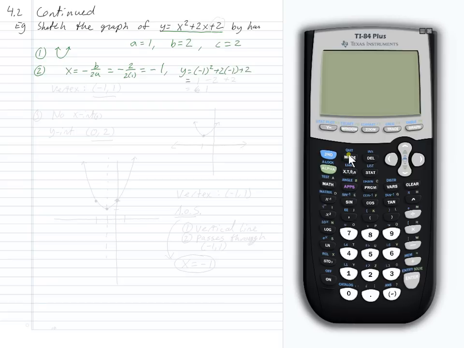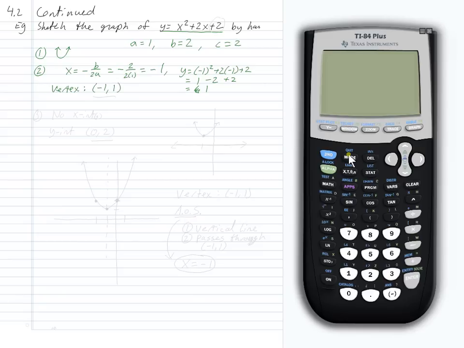And we end up with -1 squared. In this case, we are actually squaring -1. So 1 minus 2 plus 2, our vertex's y-coordinate is +1. So our vertex is located at -1, 1.